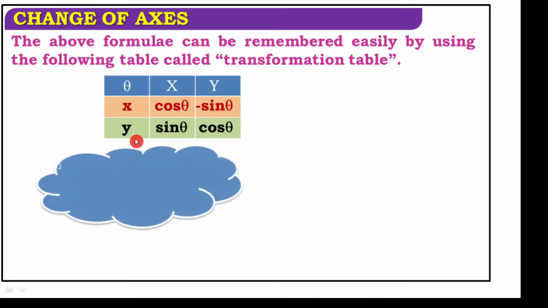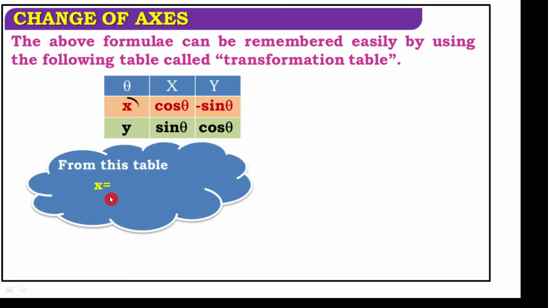From this table, small x equals capital X into cos theta, which is X cos theta, plus Y into minus sin theta, which is minus Y sin theta. We multiply these and add them.